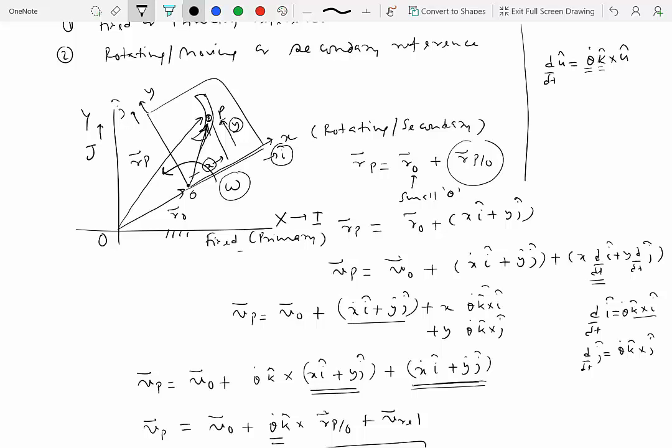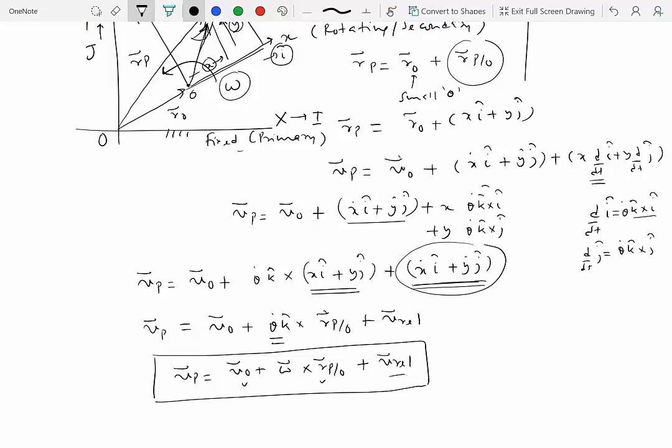So if P was moving away from O at a faster rate, then this relative velocity term would be higher. On the other hand, if P was fixed and didn't move at all, like a bug on our fan example that was not moving, then the distance between O and P would not be changing. In that case, this V relative term would be 0.